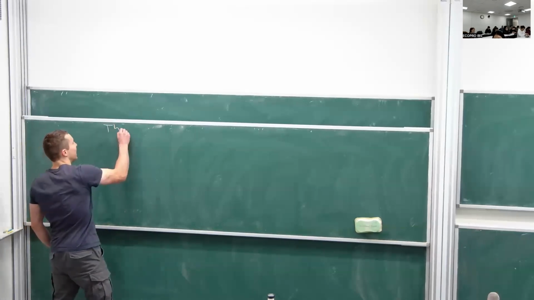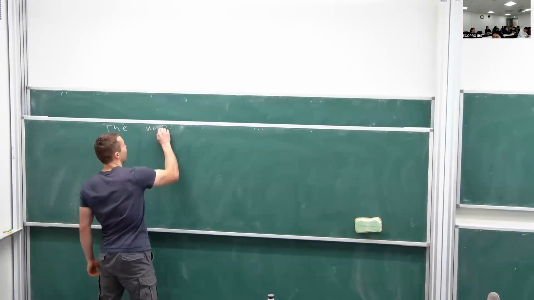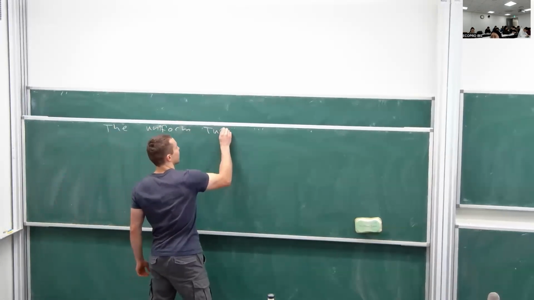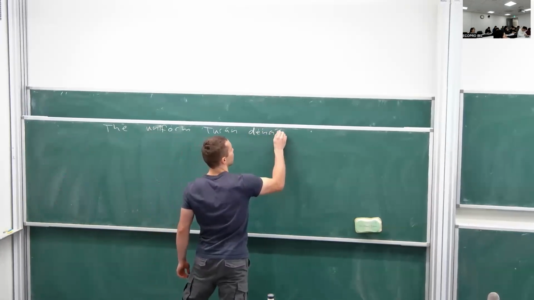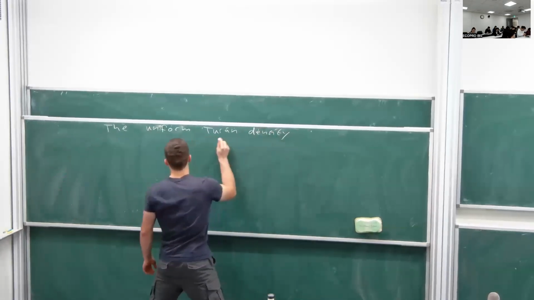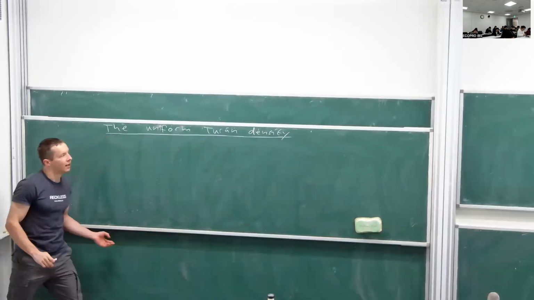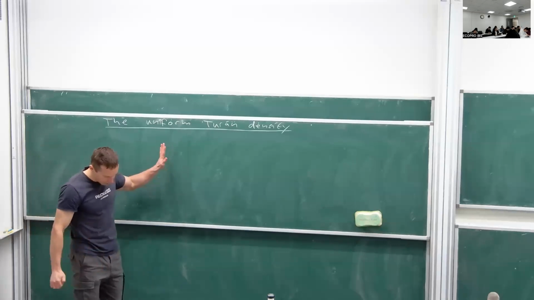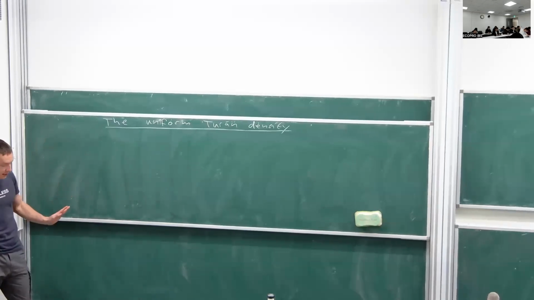So today, as the last lecture, we will look at the uniform Turán density. And right, so as we can think of this, these I would say are the three main variants of the hypergraph Turán density.